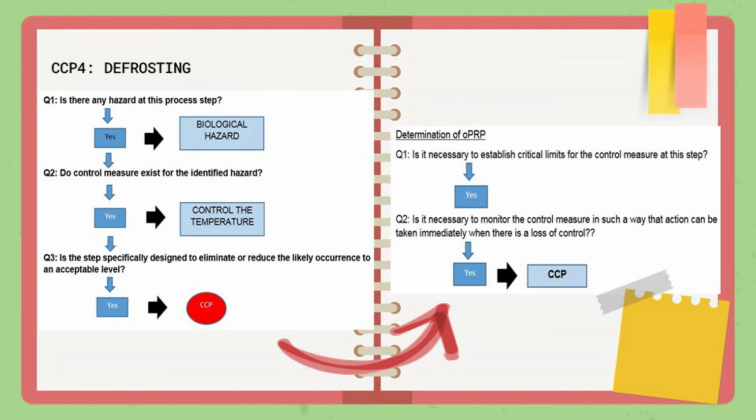The last one is CCP4, which is cooking. The type of hazard that can occur during the cooking process is a biological hazard, and the control measure for the identified hazard is by controlling the temperature. The results of determination of OPRP also remain as a CCP.